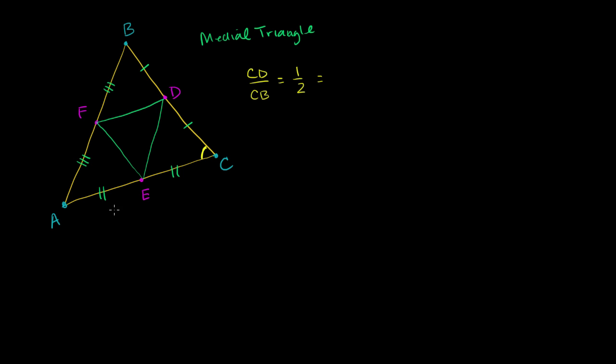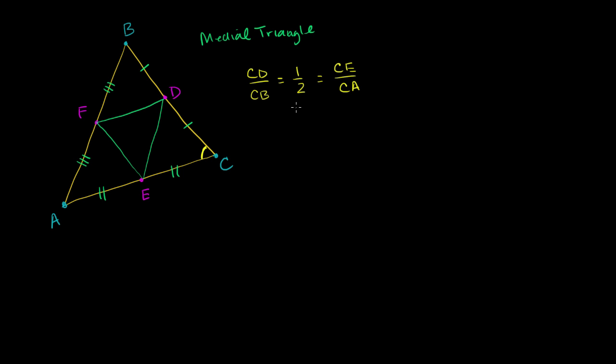CE is exactly half of CA. It's because E is the midpoint. So we have an angle that's congruent, and then the ratios of 2 corresponding sides on either side of that angle are the same. CD over CB is 1/2, CE over CA is 1/2, and the angle in between is congruent.